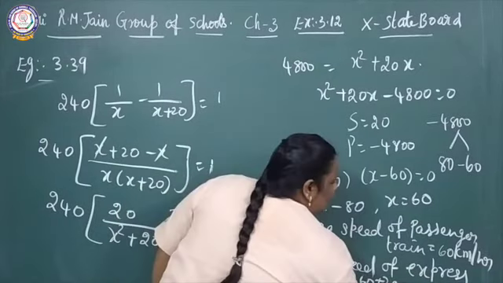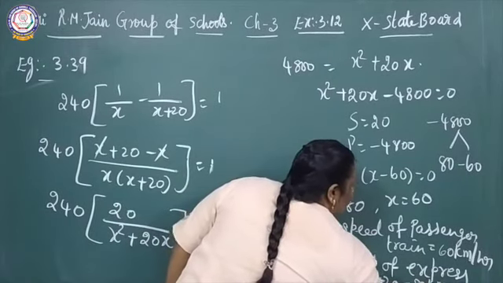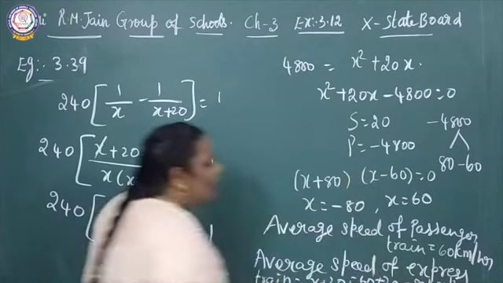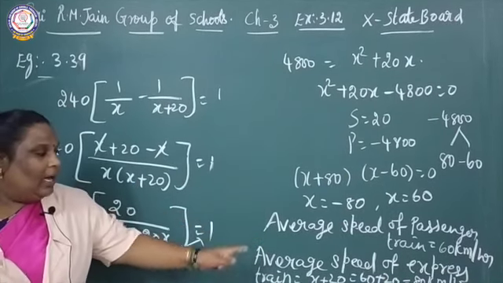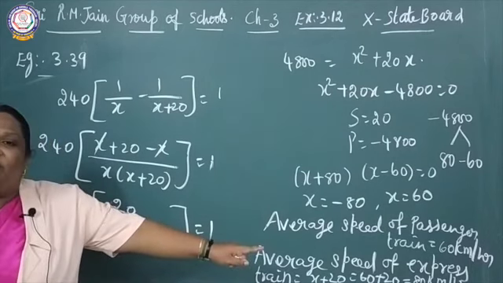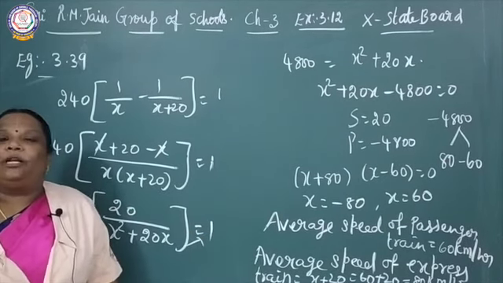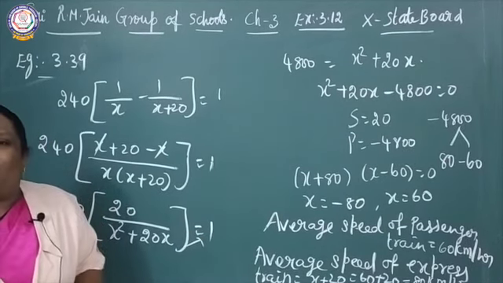It gives 80 kilometer per hour. So the average speed of the passenger train is 60 kilometer per hour and the average speed of the express train is 80 kilometer per hour to travel the destination 240.